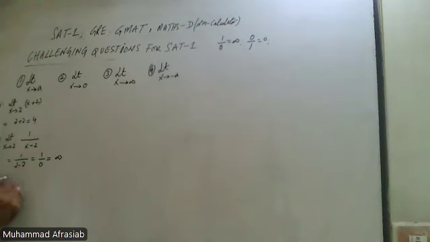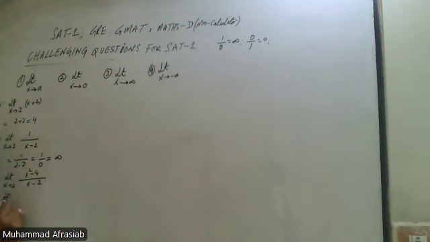For this example, let's say we are defining the limit as x tends to 2 of x square minus 4 over x minus 2. Directly this will come infinity, but if we approach it with factorization, we first factorize both numerator and denominator.